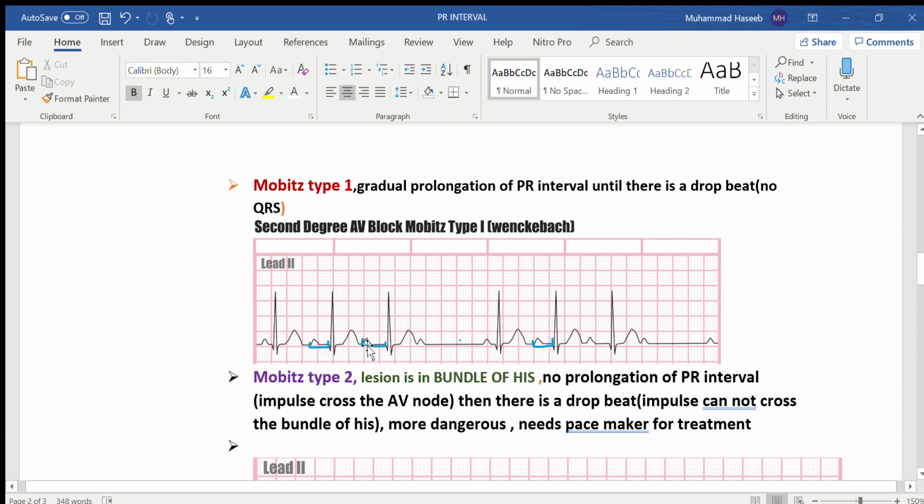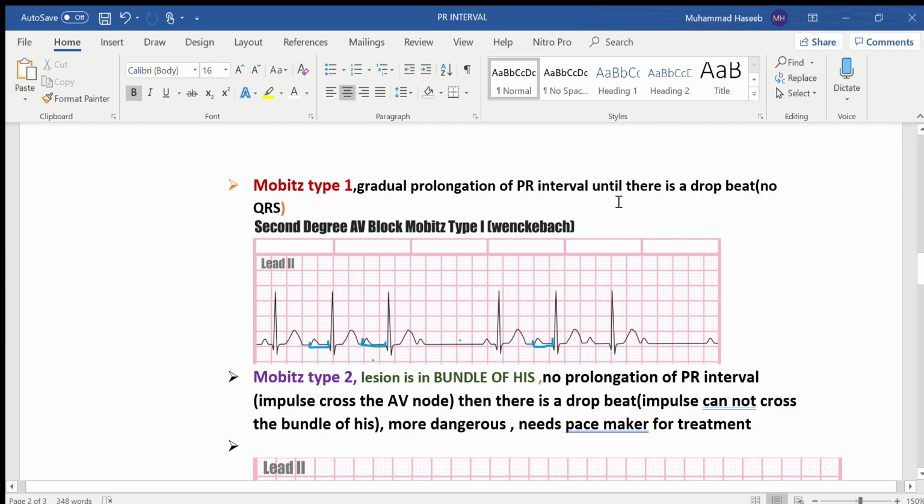But if you see the next one, this PR interval is more prolonged as compared to this one. And in the next you will see that there is no QRS complex. Again, here is no QRS complex. So there is a gradual prolongation of the PR interval until there is a drop beat. This is Mobitz type 1.